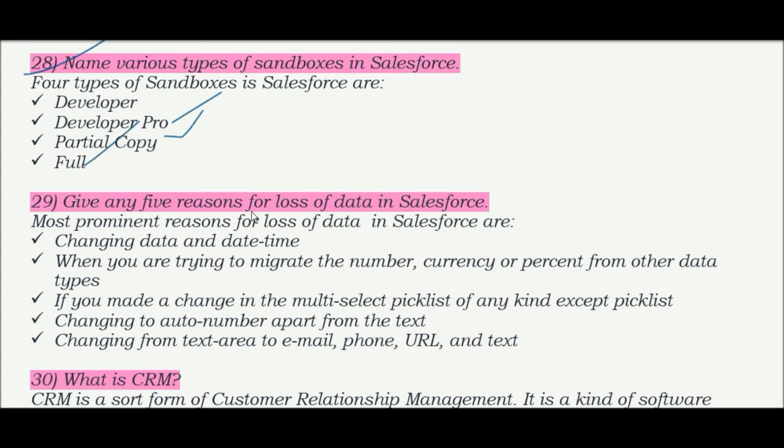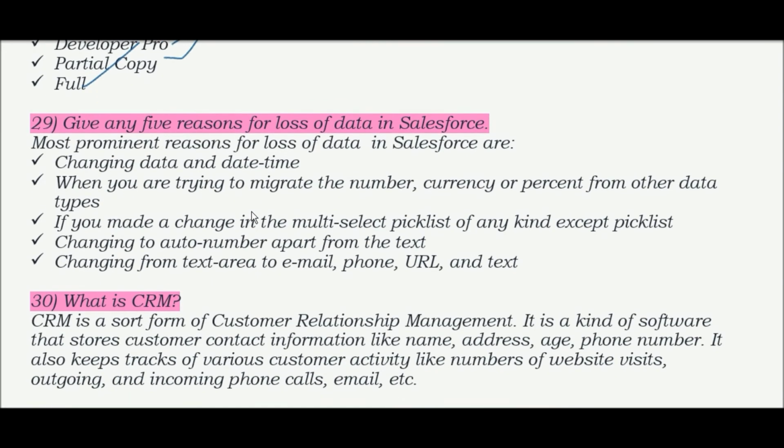Okay. Next question. Give any 5 reasons for loss of data in Salesforce. Answer. Most prominent reasons for loss of data in Salesforce are maybe changing data type to date time. Second reason is when you are trying to migrate to number, currency or percent from the other data types.